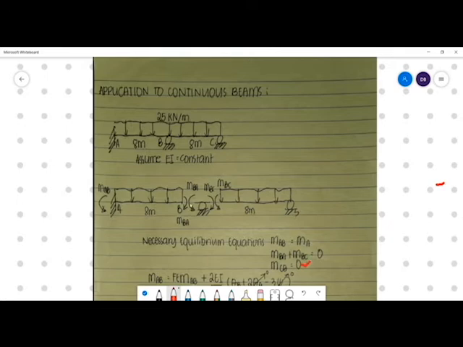So with respect to the support at B, if we move the counterclockwise moment MBA to the right, at a very small distance to the support, we move MBA in the opposite direction of MBA in the span. So we have MBA here.